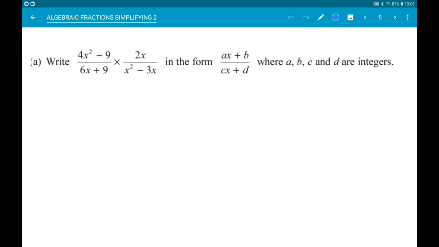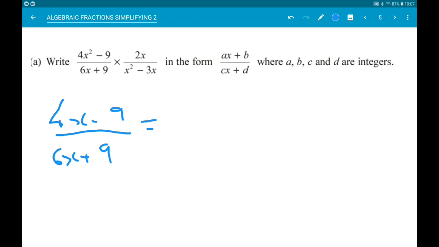However, before we do the multiplication, we want to try and simplify each fraction. So the way to do that is to factorise. So (4x squared minus 9) over (6x + 9) may look like we can't simplify it, but we can factorise the top and bottom.